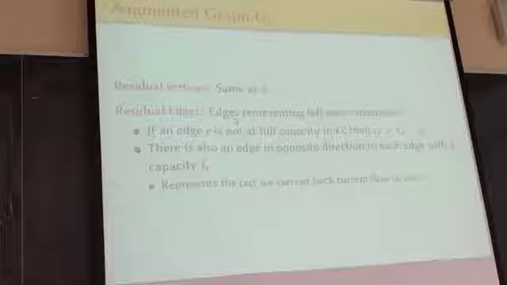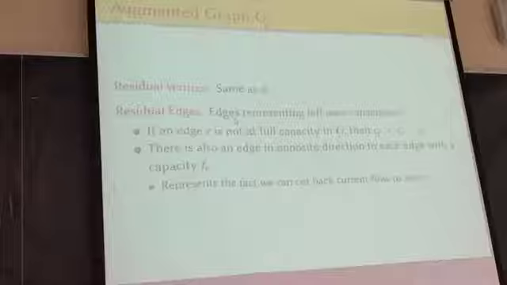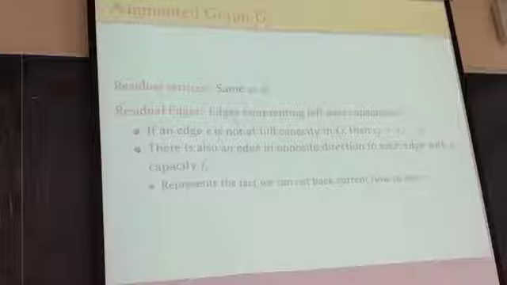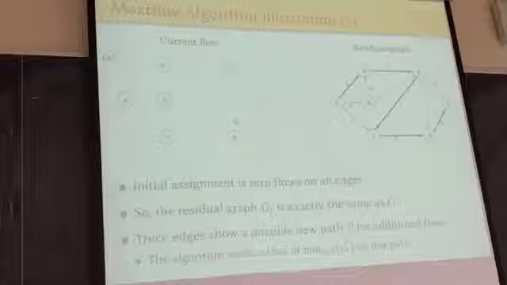Because you already assigned some flow, the available capacity is reduced. Let's say originally there was an edge which had a capacity of 5. In the first step, let's say you have already used up a capacity of 3. Now what is left is 2, right? So your residual graph basically captures leftover capacity after you have done some initial assignment.